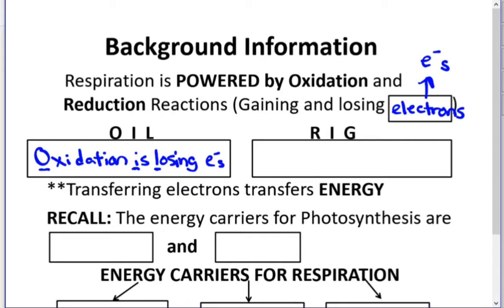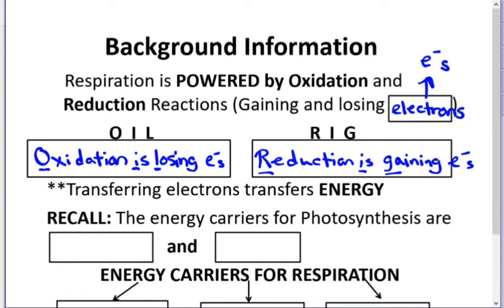Here's where it gets a little confusing, and I'll explain why. Reduction is gaining electrons. Now, the reason that's hard is, to me, reducing is the opposite of gaining. Do you guys get what I'm thinking with that?